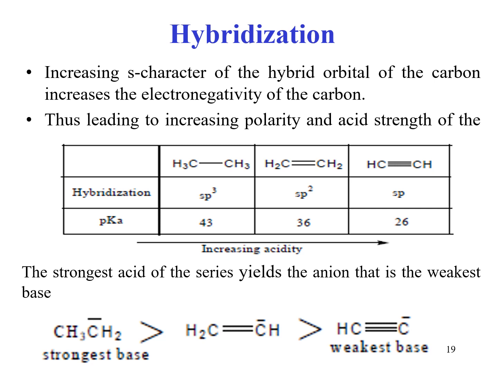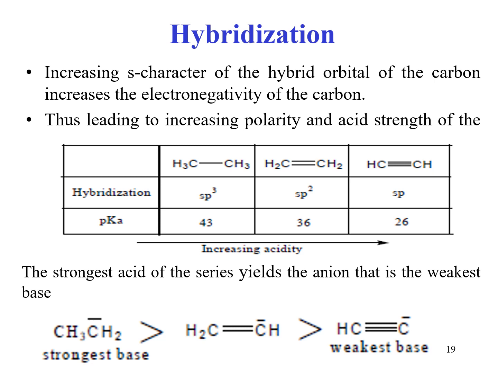In sp2 the ratio is 1:2. In sp3 the ratio is 1:3, meaning that S character is highest in the triple bond, followed by the double bond, and least in the single bond. So in terms of acidity, the triple bond is highly acidic, while the single bond is least acidic.